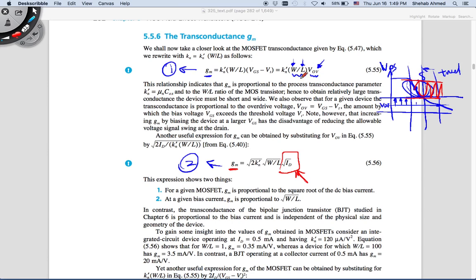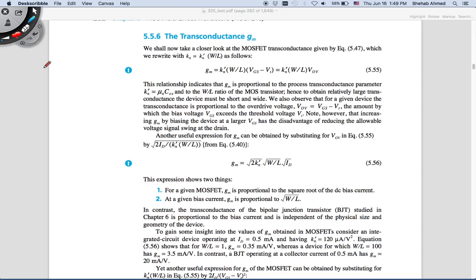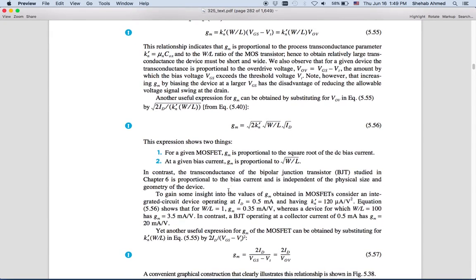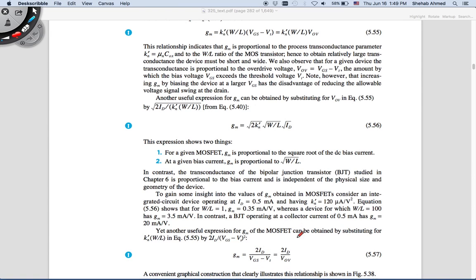So here we have gain controlled by dimensions and overdrive voltage. Here we have gain controlled by dimensions and DC operating point. Here we have the third equation for gain that they have. We have gain controlled by overdrive voltage and DC operating point.